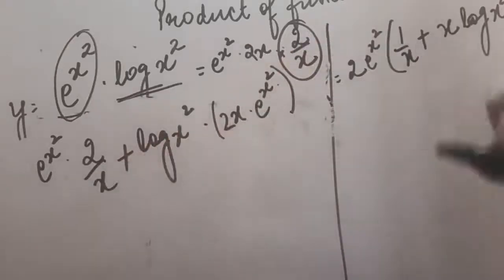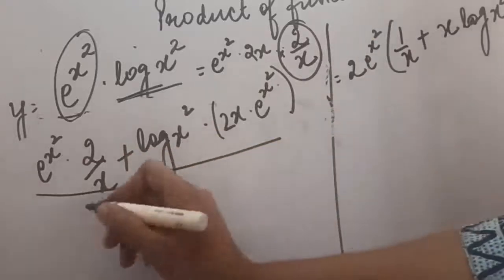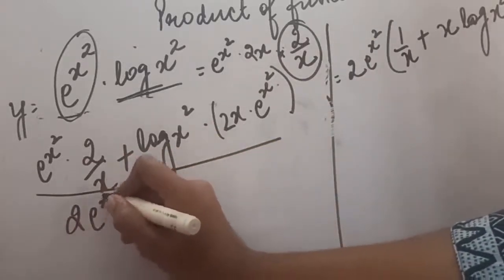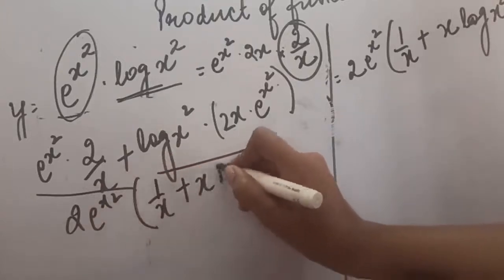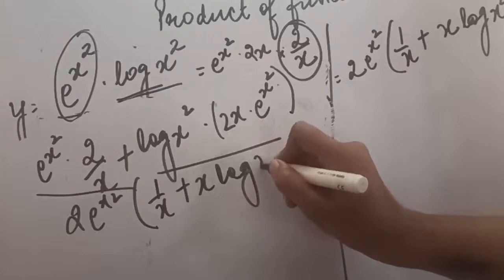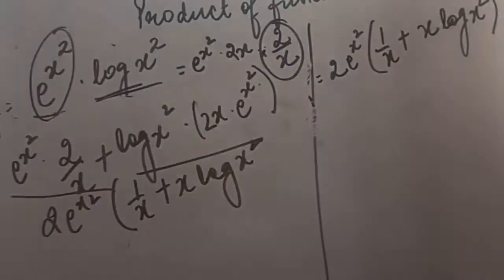Now we can take whatever is common. On both sides, this is one side, this is the other side, what is common? The same 2e^(x²) is common. So on the left-hand side 1 upon x will be left, and on the right-hand side x log x² will be left. So it is the same answer that we got first with the direct method as well.